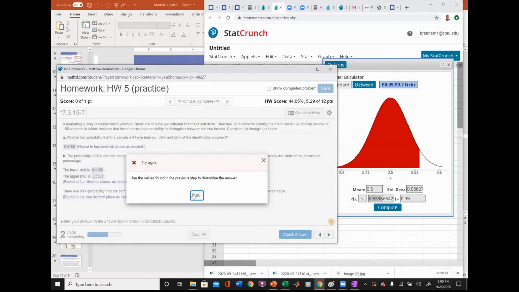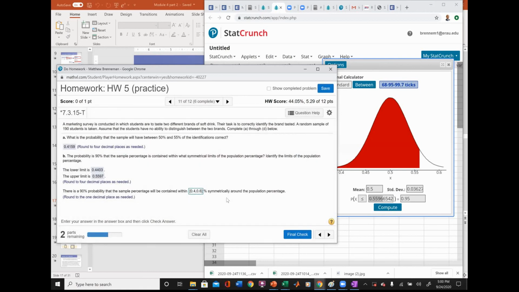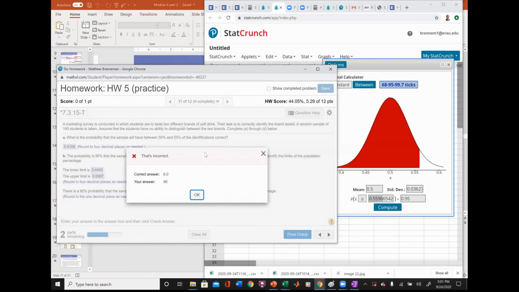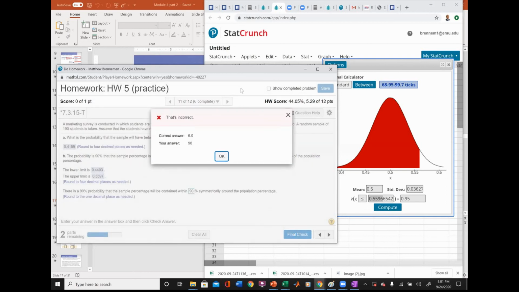Use the values. Yes, I got the values in the previous step. I'm just going to try 90. Let's just try 90 and see. I'm curious. Oh, they want the width of the percentage.